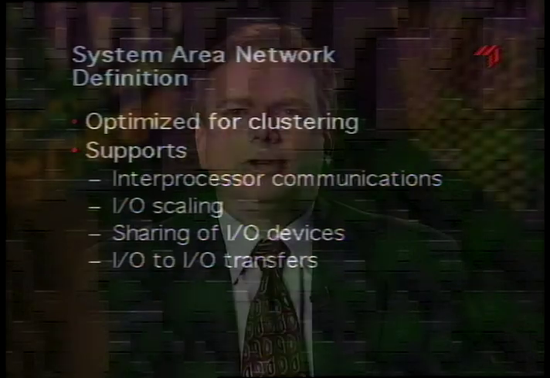The length of each individual link in the system area network is optimized for use within a single super server, but it may extend to perhaps a couple hundred meters in distance. A system area network is different from a LAN because it has higher bandwidth and lower latency, but may have shorter length limits.